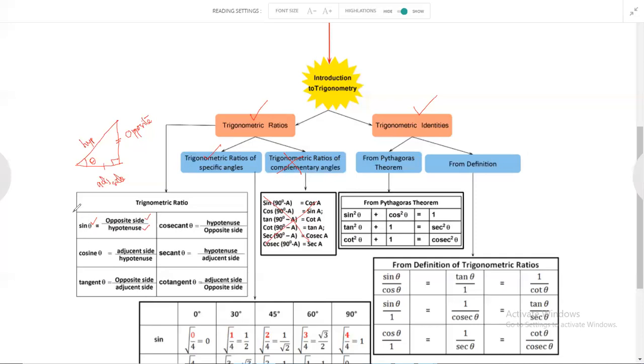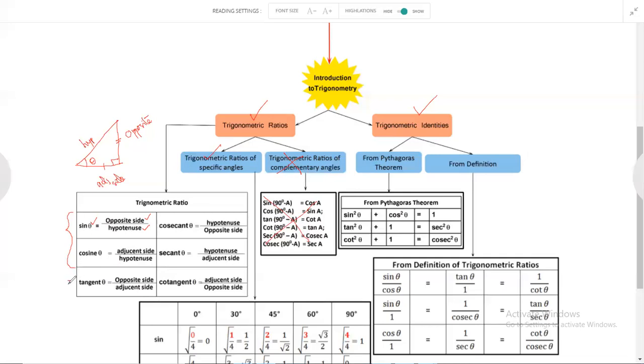Now, we need to remember these two trigonometric ratios only, that is sine theta is equal to opposite side divided by hypotenuse and cos theta is equal to adjacent side divided by hypotenuse, because tan theta is the ratio of sine and cos.